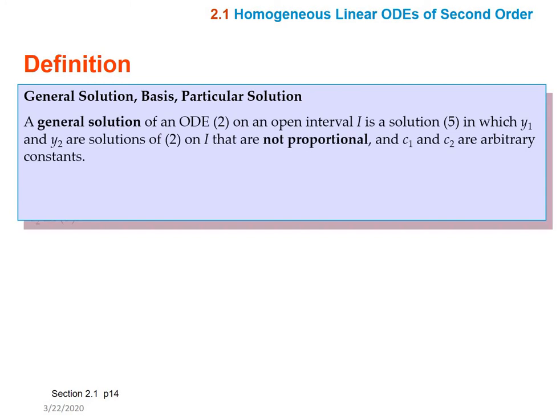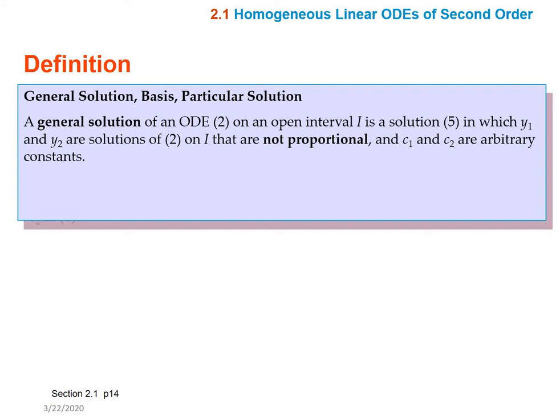A general solution of an ODE, if I do have two solutions y1 and y2, requires that they are not proportional. Not proportional means if you take the quotient of the two, it cannot be a constant. If the quotient is a constant, they are proportional, meaning they came from the same family.